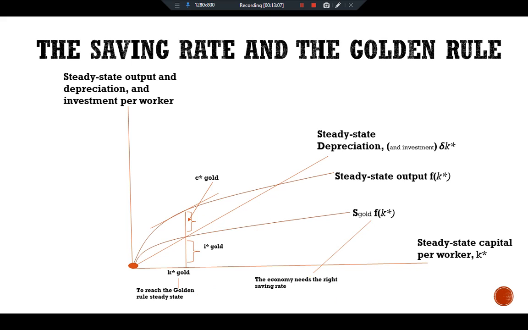If the saving rate is low, the steady state capital stock will be too low. In either case, the steady state consumption will be lower, because consumption is the difference between output and depreciation. So we have a lower level of consumption in either case than at the golden rule steady state.